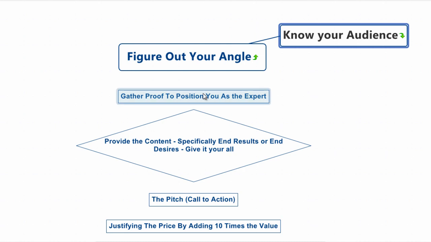Once you find your angle, then you can use social proof and position yourself as the expert. Because if you're going to talk about yourself, how does talking about yourself actually relate to resolving those objections? You have to really ask yourself that along the way.